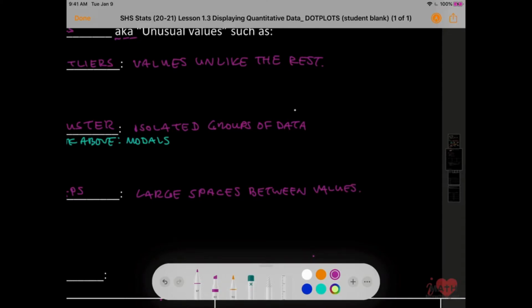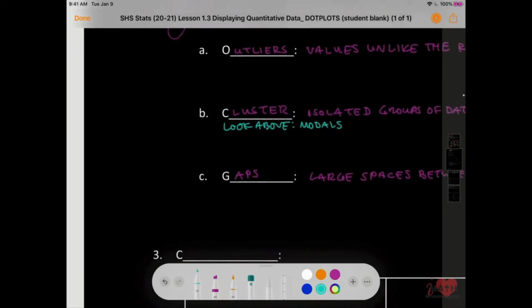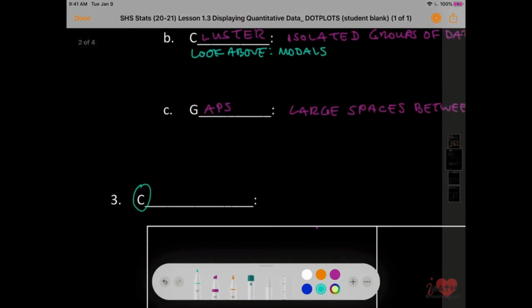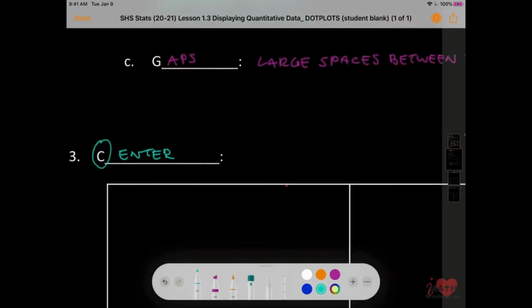All right, let's move on now to the C in SOCS, that is called the center. What is the center?